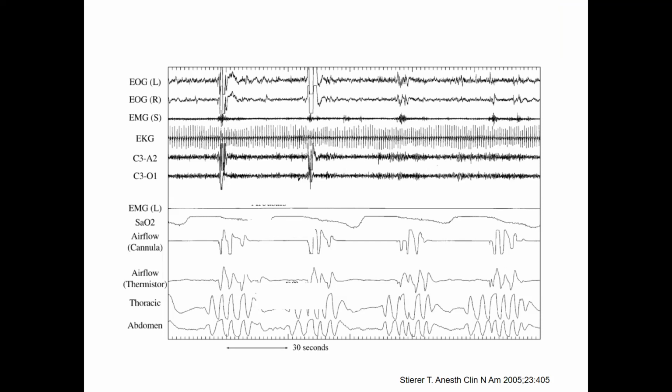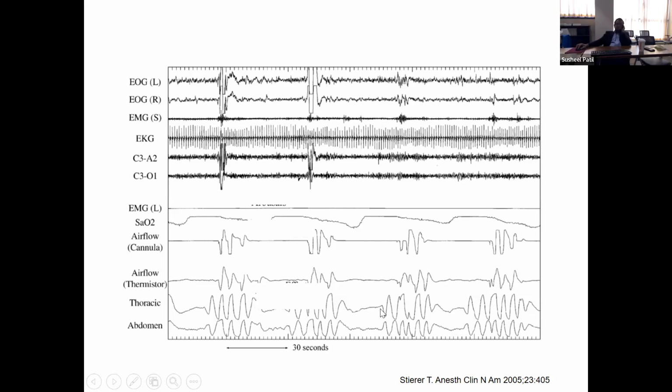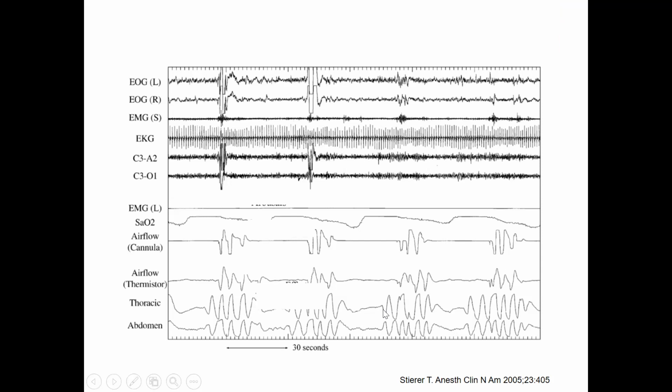I do see reduced thoracic and abdominal movements, but I still see some very residual ones, especially on the first apnea, even on the left. Maybe the second one I'm talking about. There are some residual thoracic and abdominal movements there.